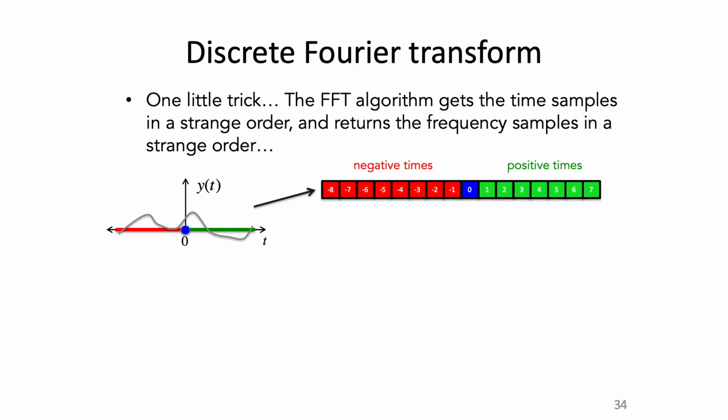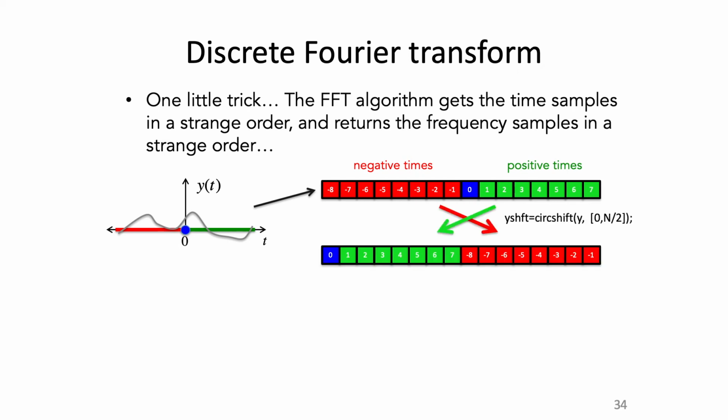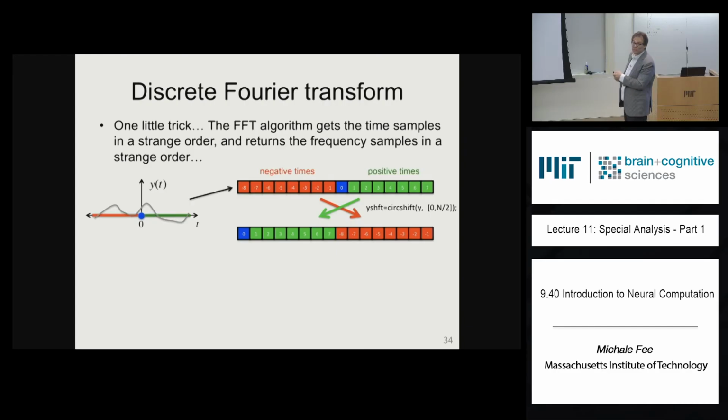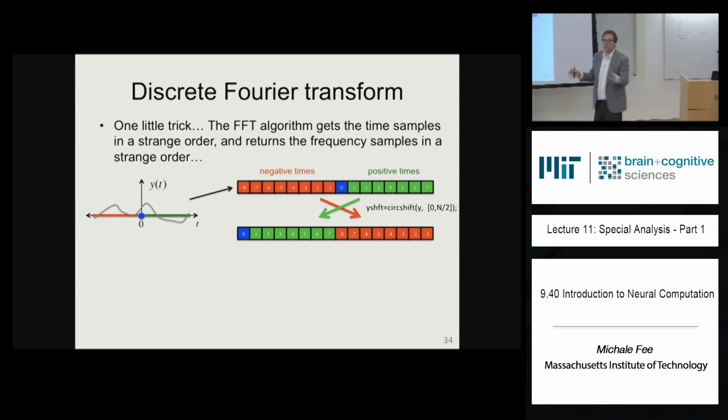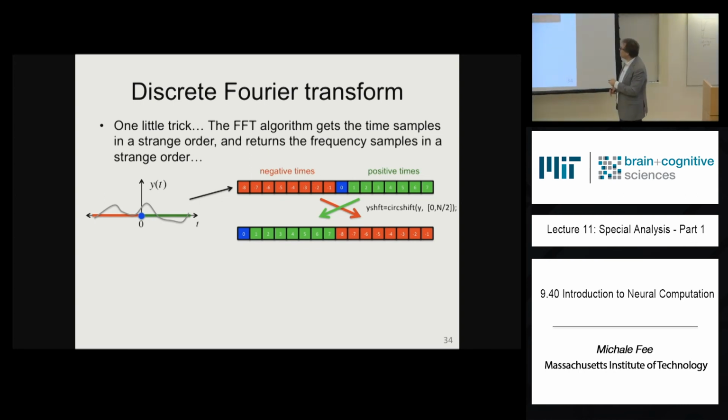Before you send this array of time samples to the FFT algorithm, you just need to swap the right half of the array with the left half of the array using a function called circ shift. Don't worry about it. It's just the guts of the FFT algorithm wants to have the positive times in the first half and the negative times in the second half. Okay? So you just do this.